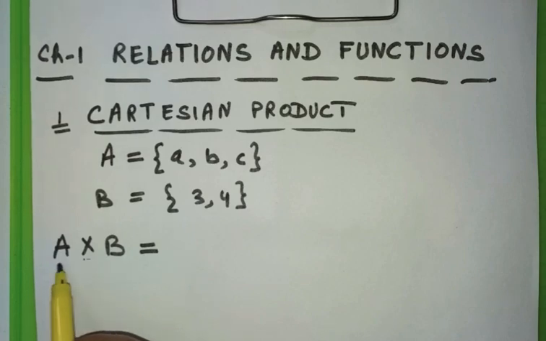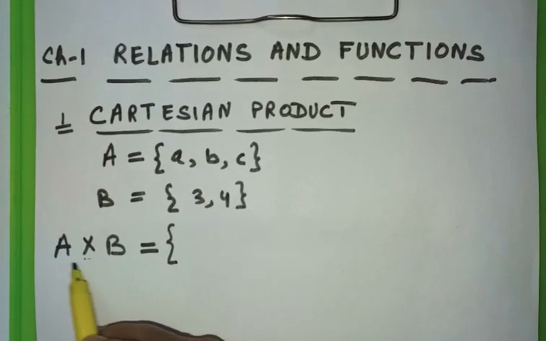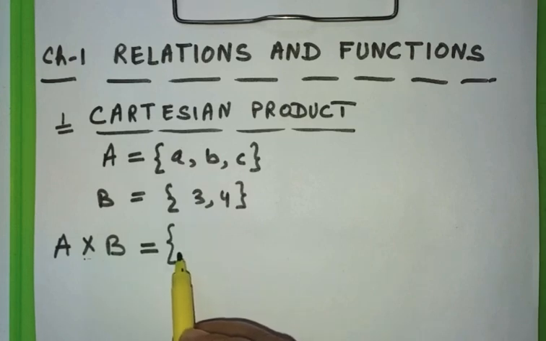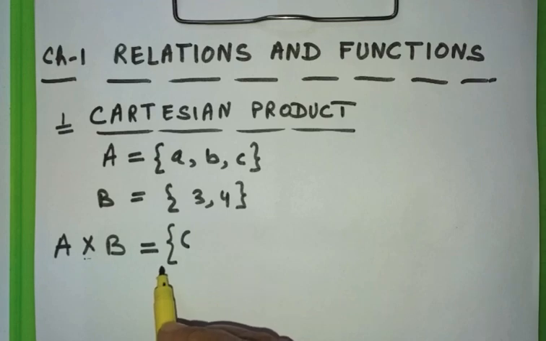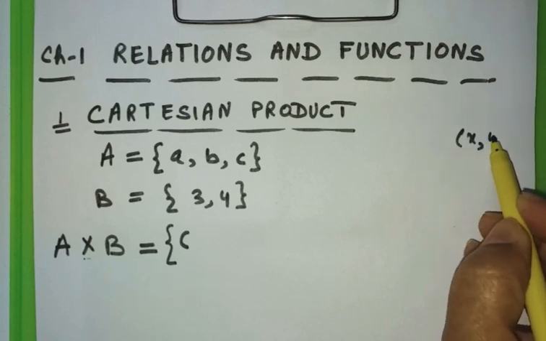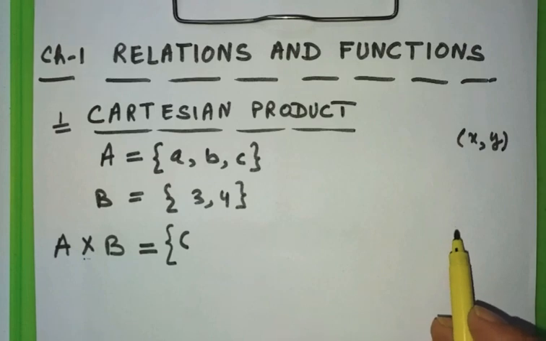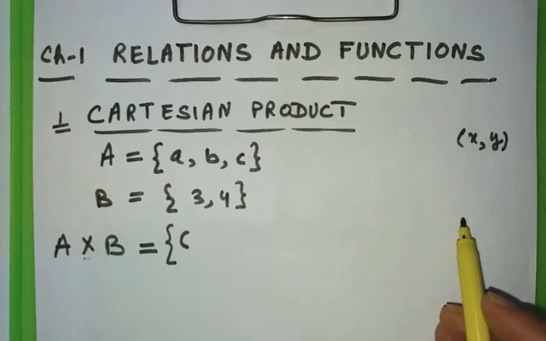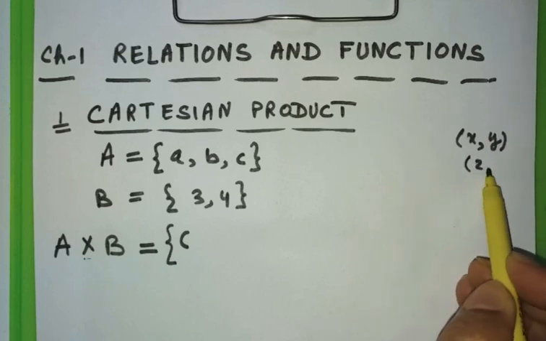So what is this product where A and B are two sets? The Cartesian product of two sets is also a set, but the elements of this set are ordered pairs. Ordered pairs, you understand? Remember from your coordinate geometry, you write the coordinates of any point in the Cartesian plane like this, x comma y, or 2 comma 3.